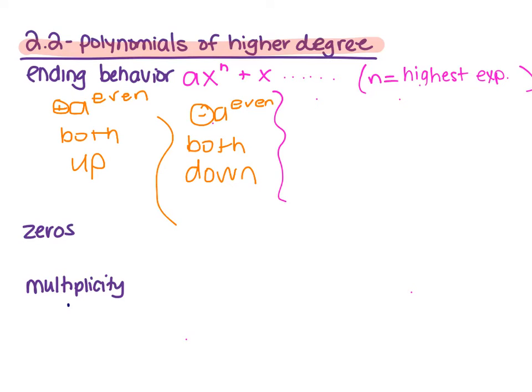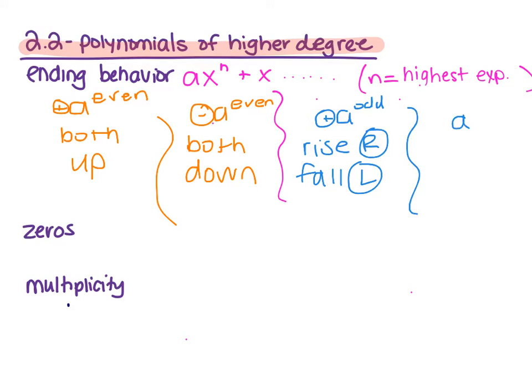The other situation is an odd exponent. If it's positive, it's going to rise right and fall left. If it's odd and negative, it rises left and falls right.